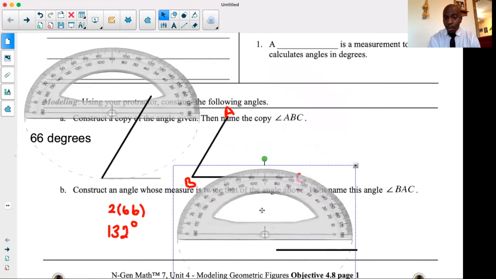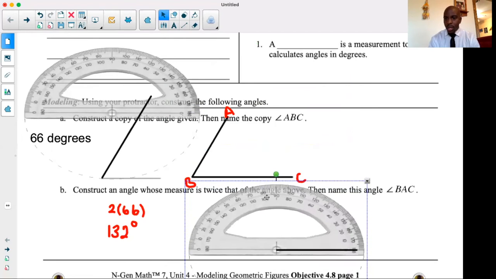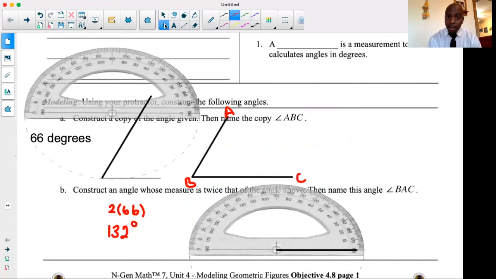I'm going to grab my protractor once more, put the center of it at the turning point of this angle. And I'm going to count from 0 all the way up to 132. Once again, I'm going to make a marker where 132 is. 130 is here. 132 is about right there. Now I'm going to turn my protractor one more time.